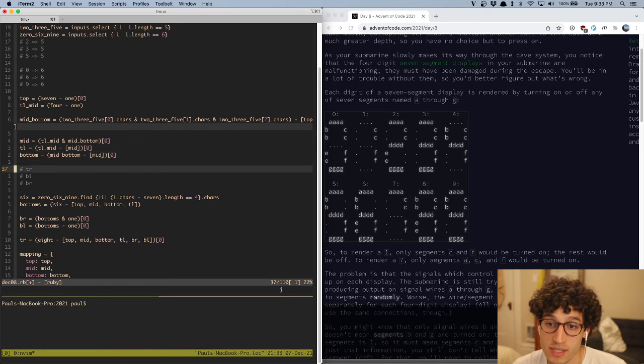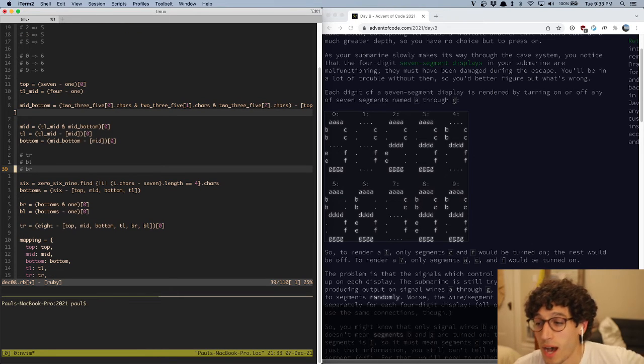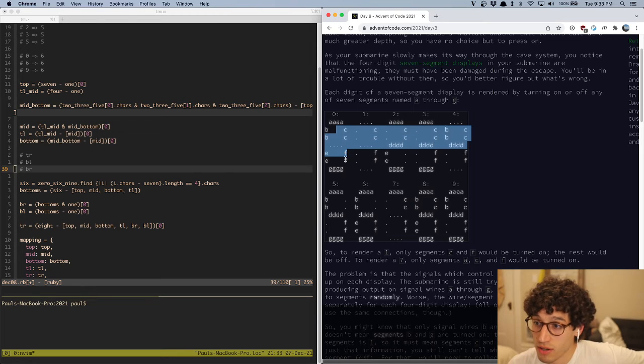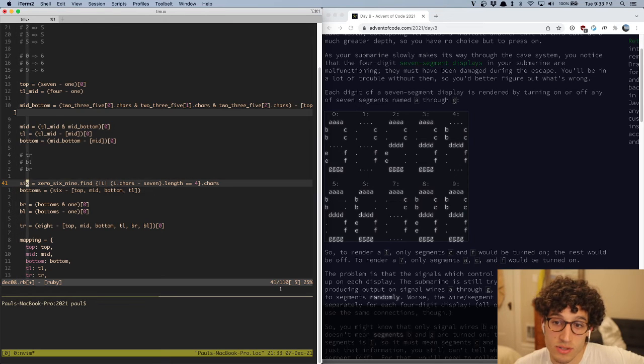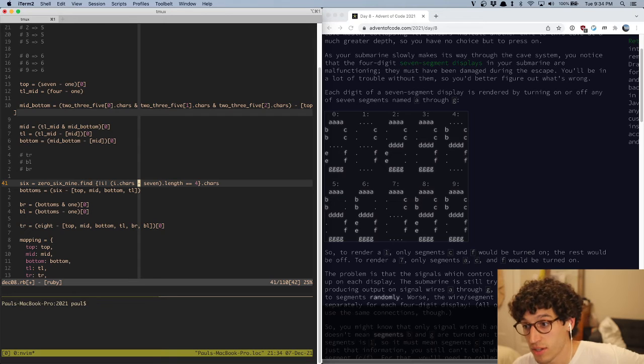So now I still need top right, bottom left, and bottom right. I can find the 6. So I have the 0, the 6, and the 9. And the 6 is the only one that only has 2 overlaps with the 7. So I take the 0, 6, 9, and I find the one that when I subtract the 7, it still has 4 values.